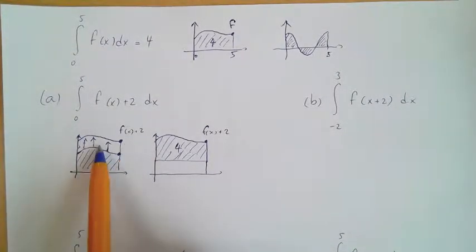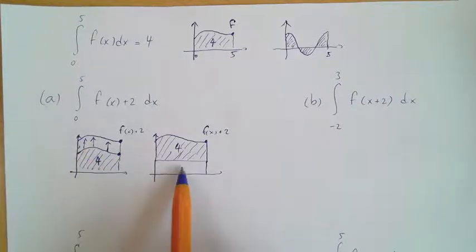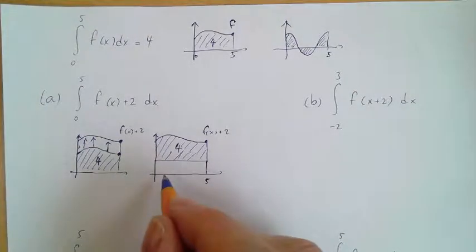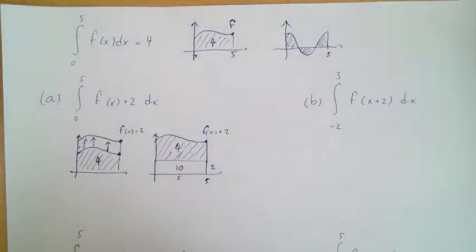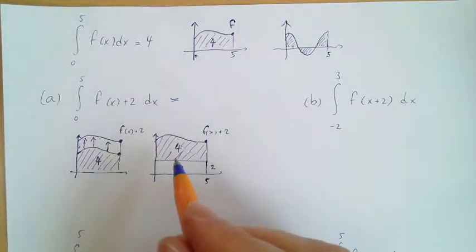Instead of thinking we've added above, we can think that we've added below. And that's a rectangle, so it's a lot easier to find out the area. The area is base times height, so it's 5 times 2, and therefore there's an area of 10 here. So final answer, 4 plus 10.